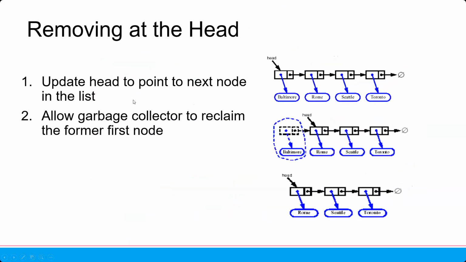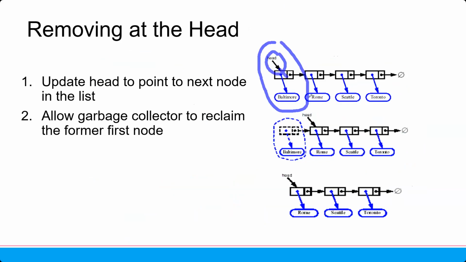If we want to remove, it is easy to remove the head. So we learn about queue. We can remove head. The head means we want to update the head to point to the next node in the list. So before we remove it, we change the position of the head. The position of the head originally is in the Baltimore.